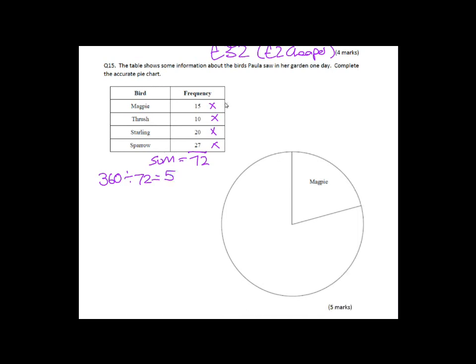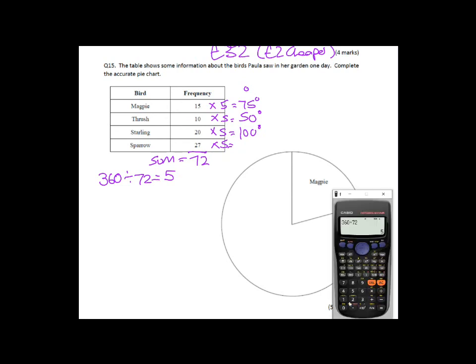So if we go down our list and multiply everything by 5, it tells us the number of degrees to plot. So 15 times 5 is 75 degrees. 10 times 5 is 50 degrees. For the thrush, the starling is 20 times 5, which is 100 degrees. And then finally the sparrow, 27 times 5.